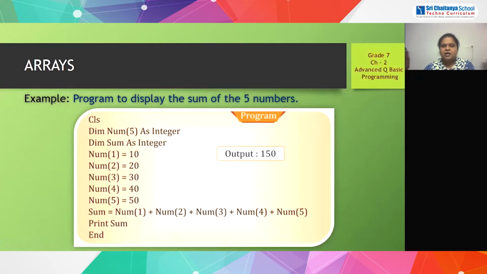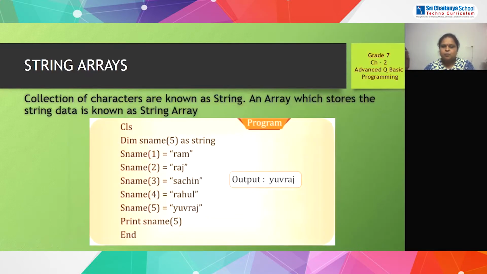Okay, let us take one more small example to make you understand very clearly. In this program, we are reading a string value into the variable. Clear screen to clear the output screen, then Dim sname 5 as string. sname 5 is a variable to which I am assigning string values.